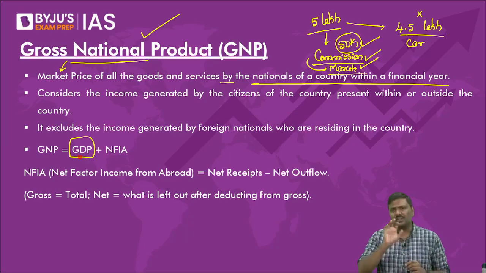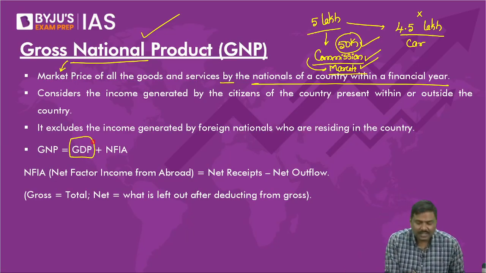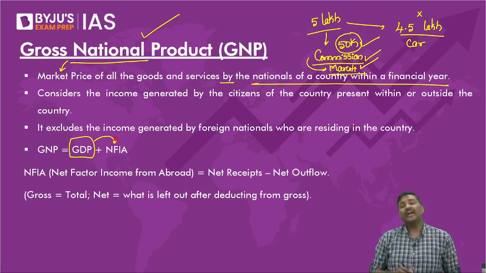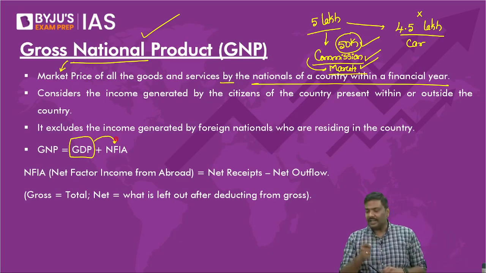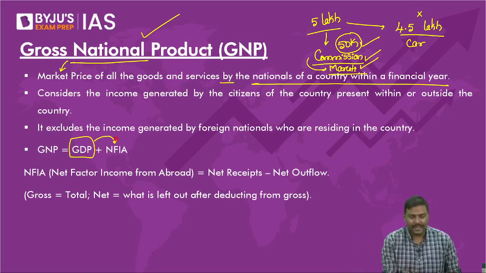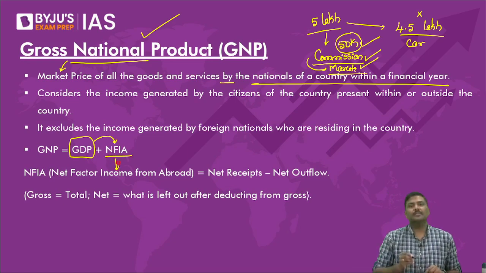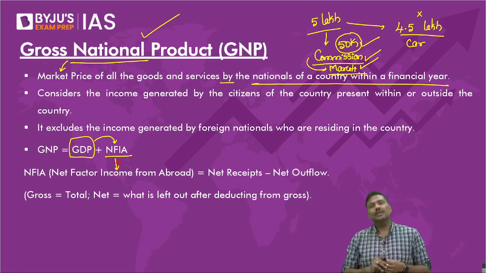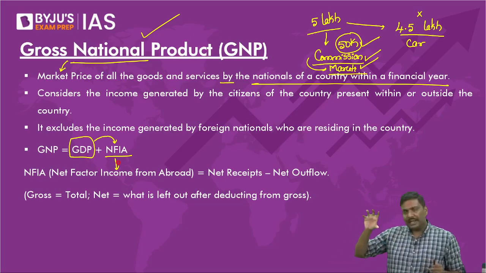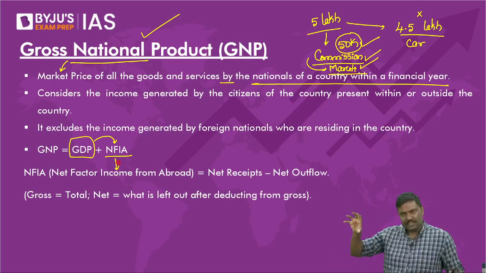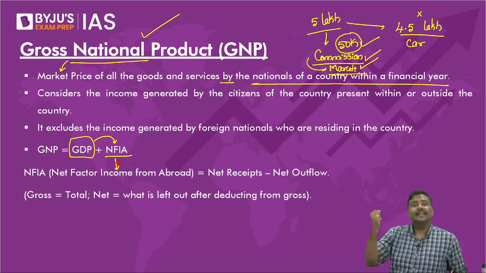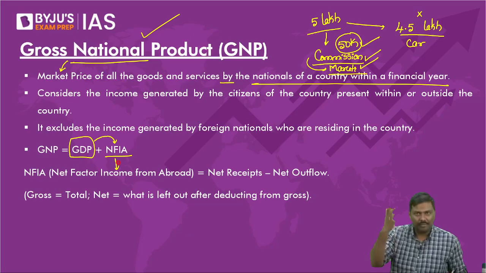Now, from the gross domestic product, we will adjust with a factor called net factor income from abroad, NFIA. I'll repeat, the long form of this is given. From the GDP, we will adjust certain numbers, which is generally referred to as net factor income from abroad.